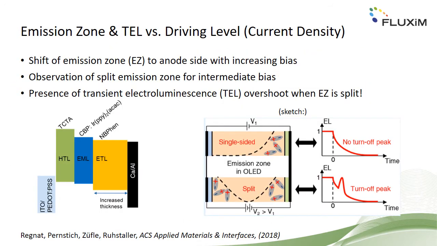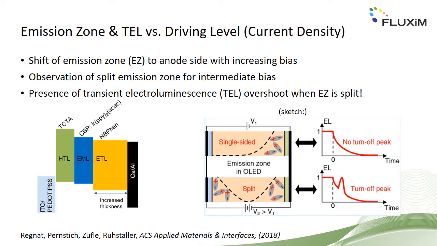The next example deals with a green-emitting phosphorescent OLED containing 3 organic layers, and in this particular prototypical device we have observed a shift of the emission zone from the anode side with increasing bias applied, and this observed split emission zone that occurs at intermediate bias is then also observed indirectly in the transient electroluminescence overshoot in the case where the emission zone is split.